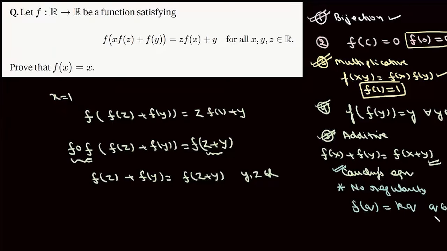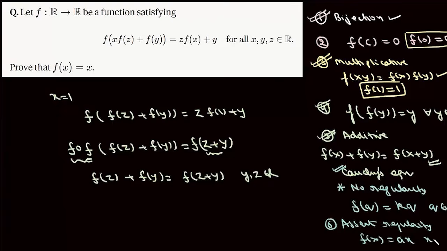So we need to assert regularity, so that we can say f(x) equals ax for all x belongs to R. And in order to assert regularity, what we'll do is we'll prove that this function f is monotonic.